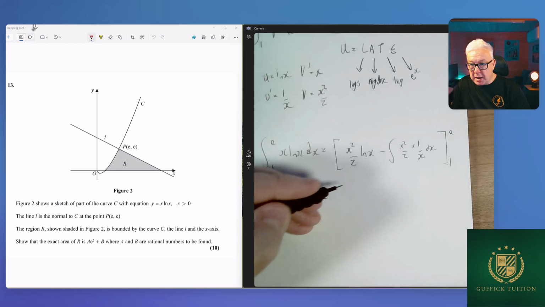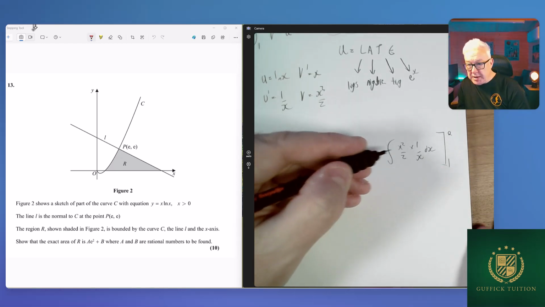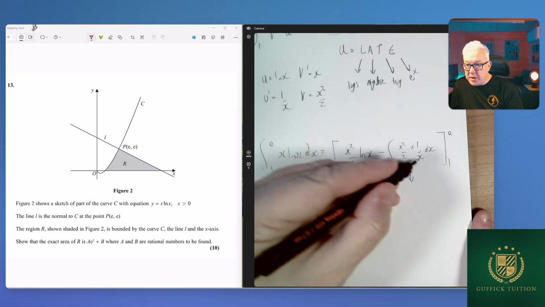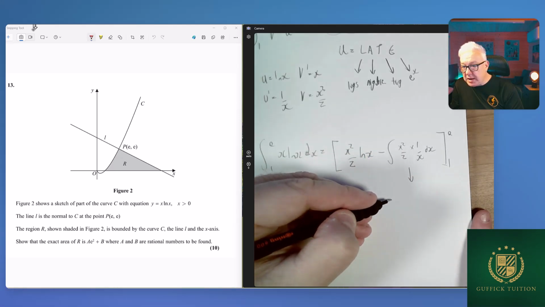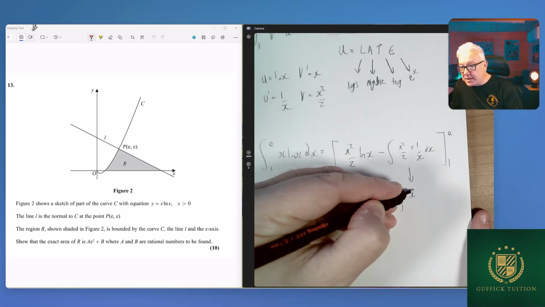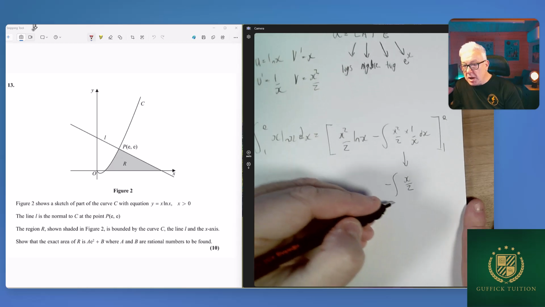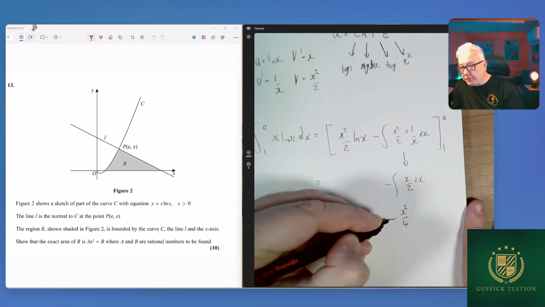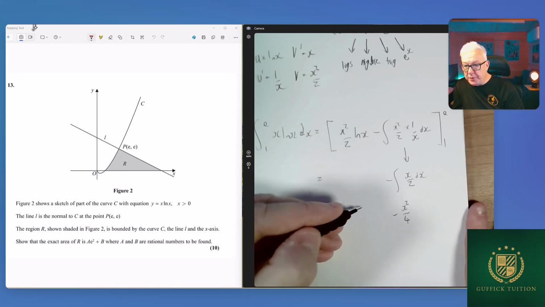Okay, so let's see what we get when we integrate this. This is going to go to x squared divided by x. I'm going to be integrating minus the integral of x over 2 dx, which is going to go to x squared over 4. Okay, minus x squared over 4.